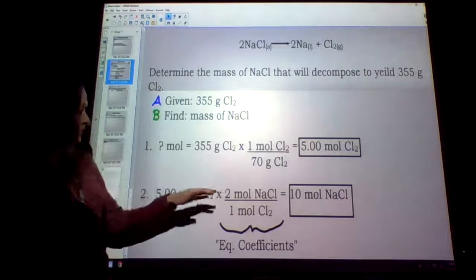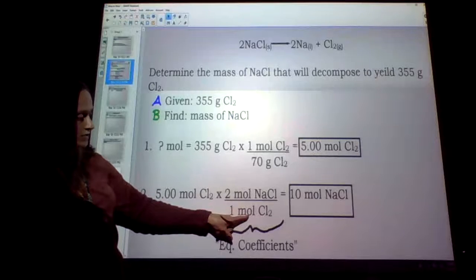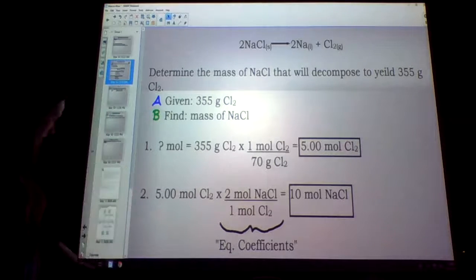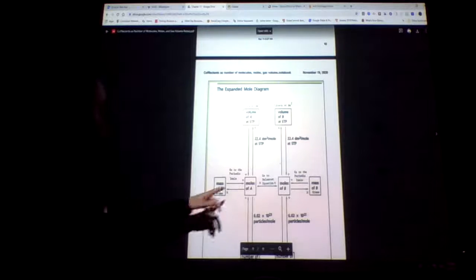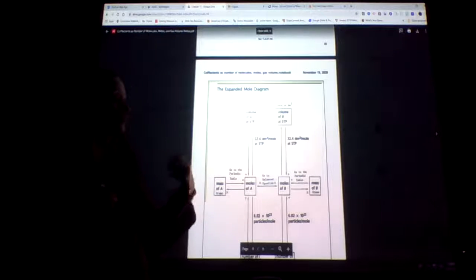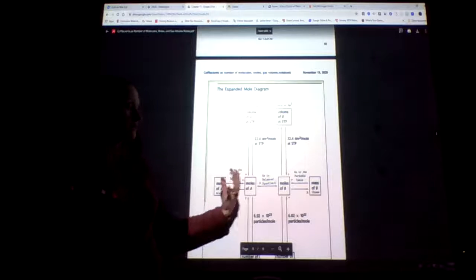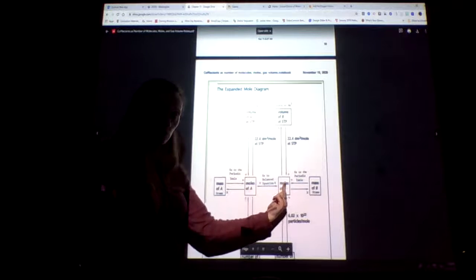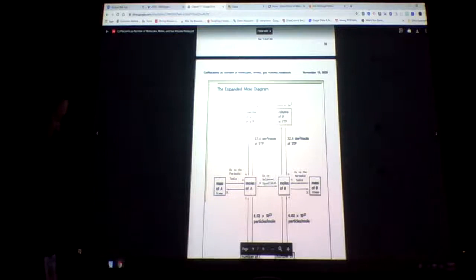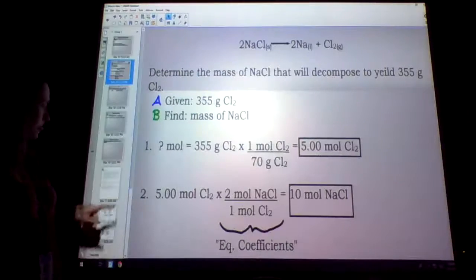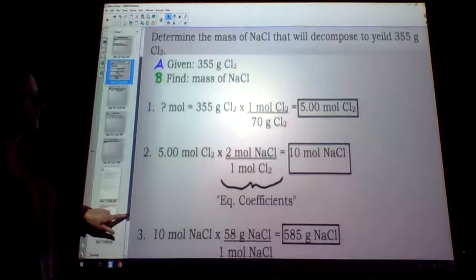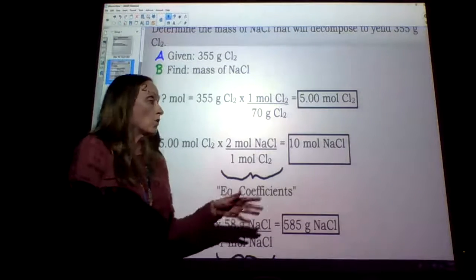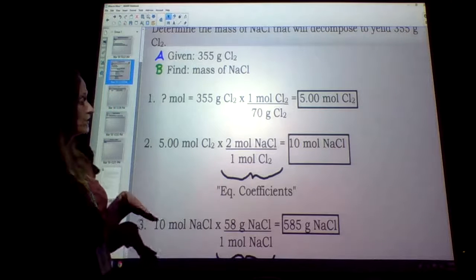So we take our number of moles, so we're going to go moles of diatomic chlorine to moles of our sodium chloride. So looking at our double mole diagram, we've just finished step 1. We're going on to step 2, which is our bridge step, where we go from moles of A to moles of B. So if you look at our problem, our number of moles are not the same. We use our equation coefficient according to what it shows on that mole diagram.